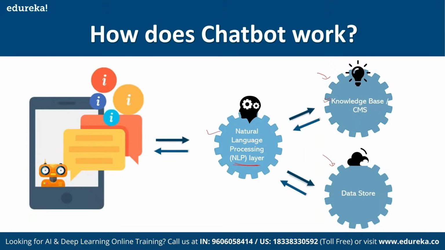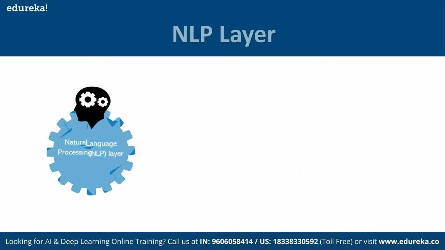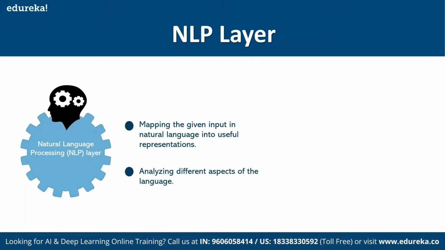What is natural language processing? We will understand that, but just to give you an intuitive understanding, the machine needs to understand the language. That is known as natural language processing. Basically, how a machine can understand language is what the natural language processing layer is. The NLP layer maps the given input in natural language into useful representations, analyzing the different aspects of language.